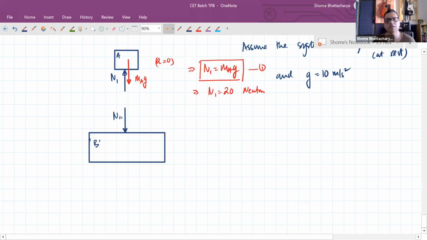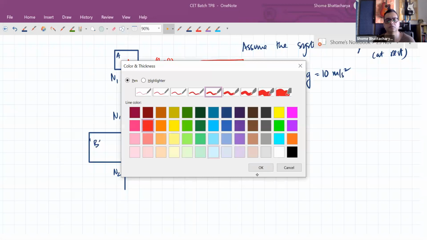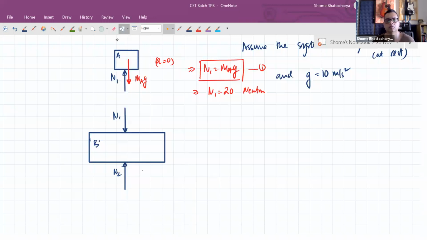So this N1 and this N1 are an action reaction pair. But similarly, there will also be a contact force applied by the floor on B. This is N2. And of course, there is B's own weight, which the earth is applying on B.